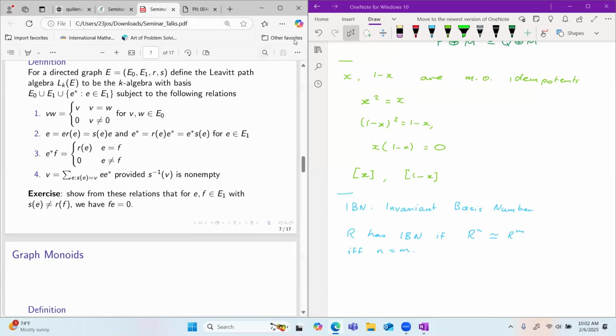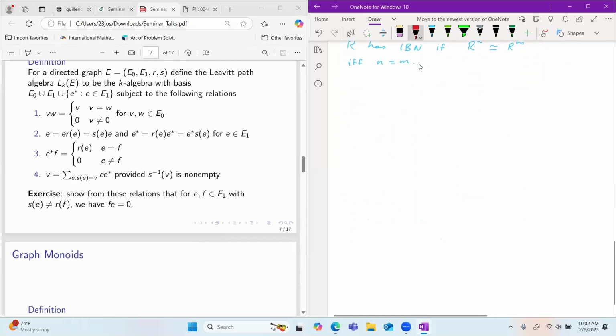So to give you a concrete example of that last property, if we have E and F, E and F are the edges, and we have a vertex V here, then in the Leavitt path algebra, this relation will be present.